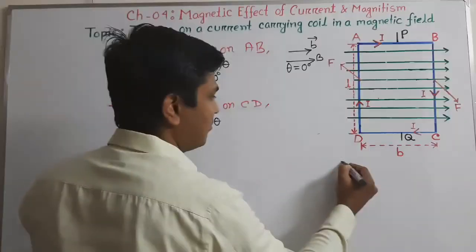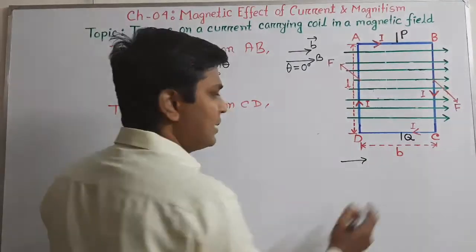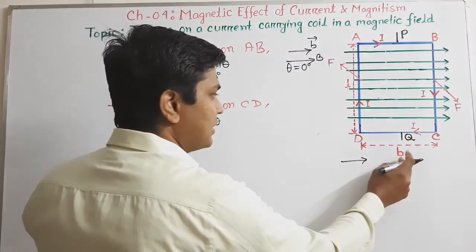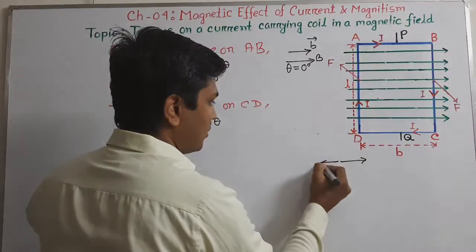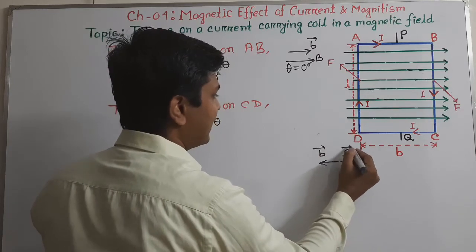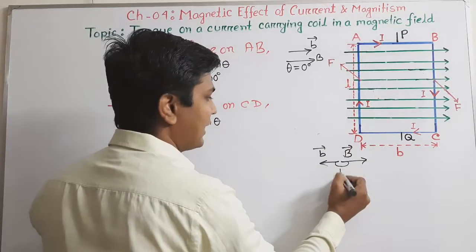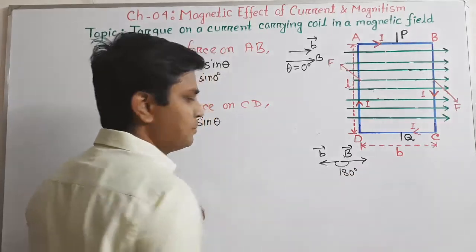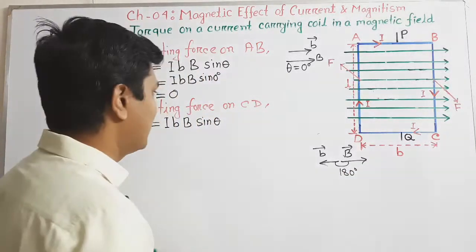Let's see here, the magnetic field acts in that way, but the B vector acts in the opposite way of the magnetic field. That is why we get 180 degree. Theta is here 180 degree.